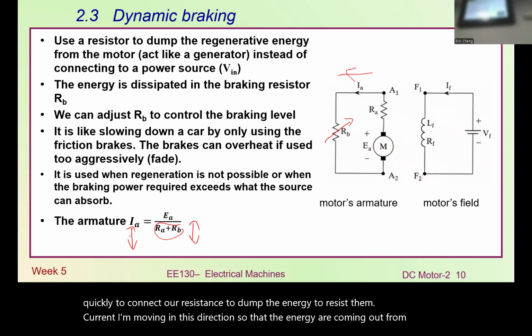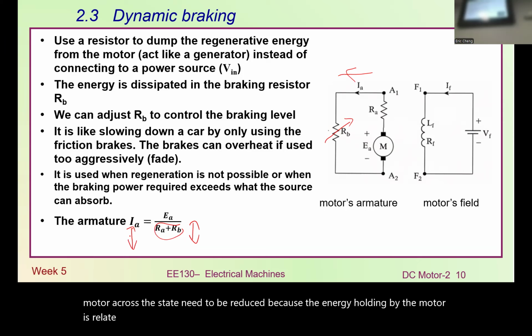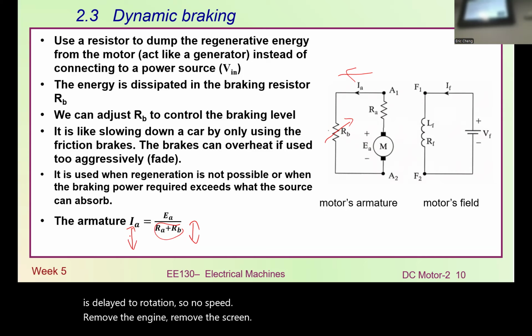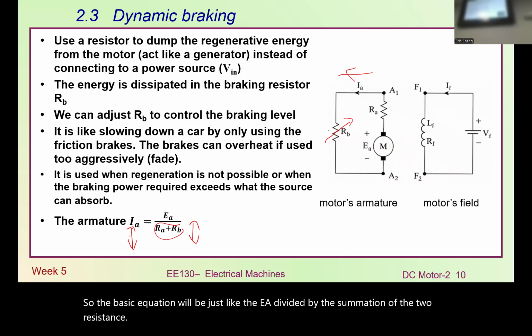Of course, the speed can be reduced, because the energy held by the motor relates to the rotation speed. Remove the energy, reduce the speed. So the basic equation will be just like EA divided by the summation of the total resistance. All right, any questions? This will be straightforward, right?